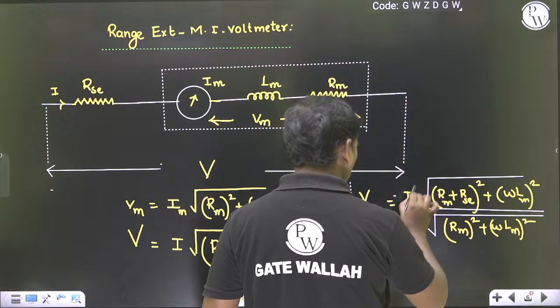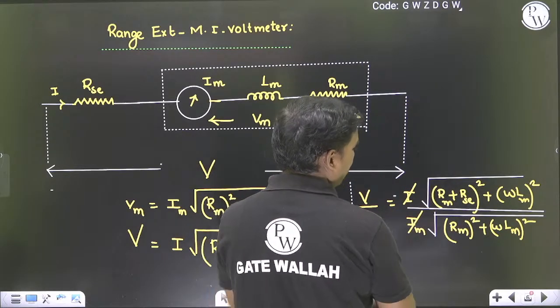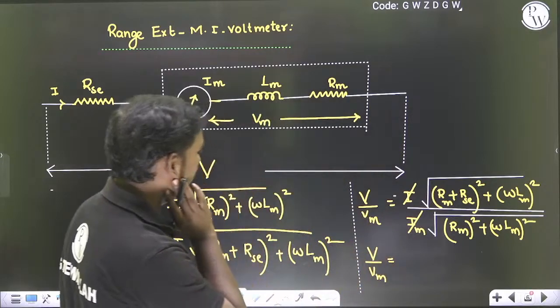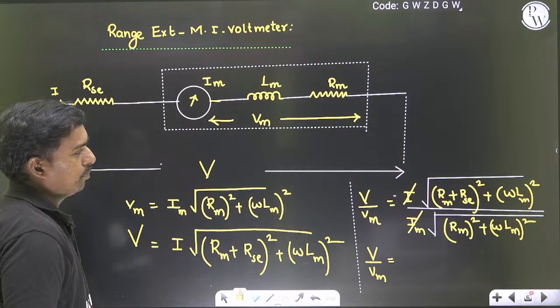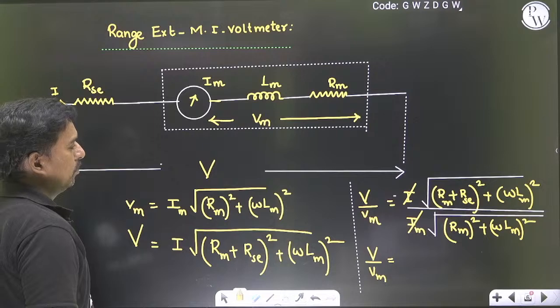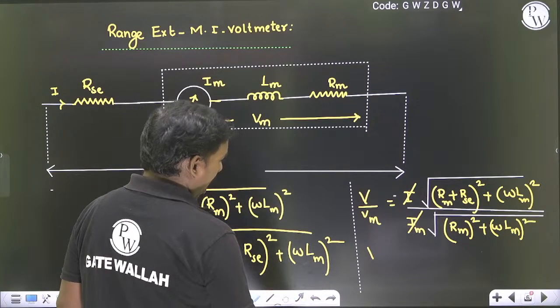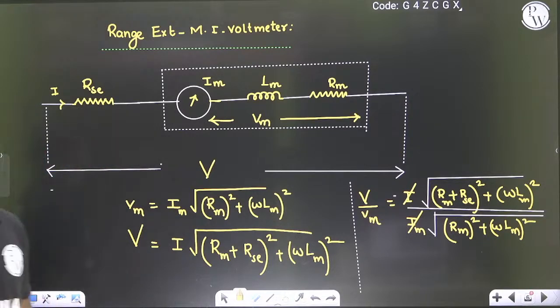So the current gets cancelled. So V by Vm, this is the expression. We can use all these formulas in calculating the range extension of the voltmeters.